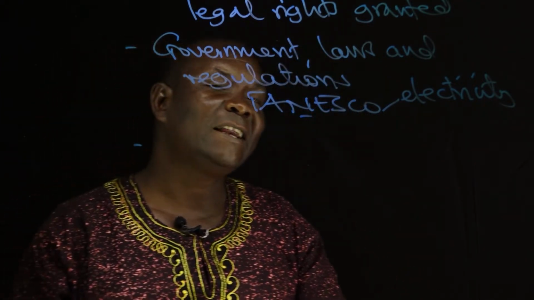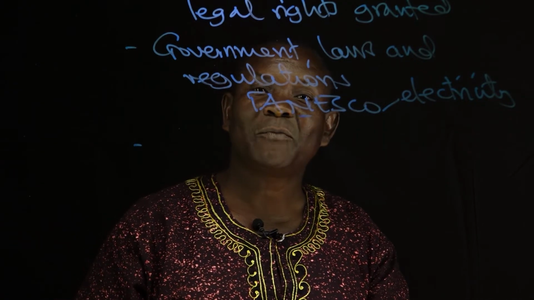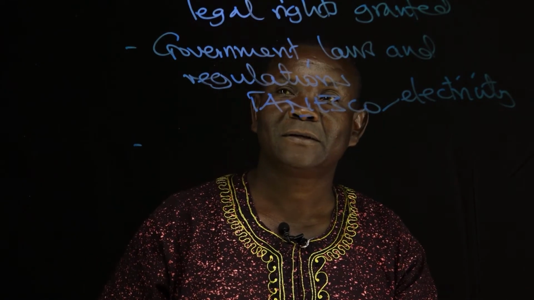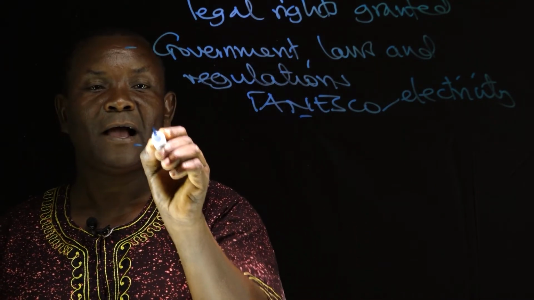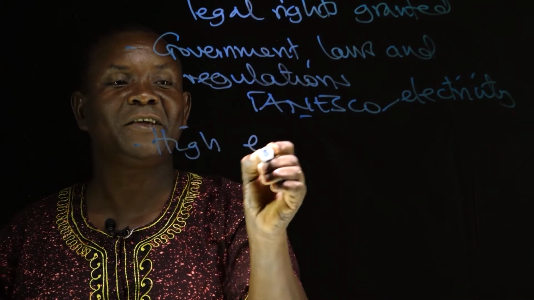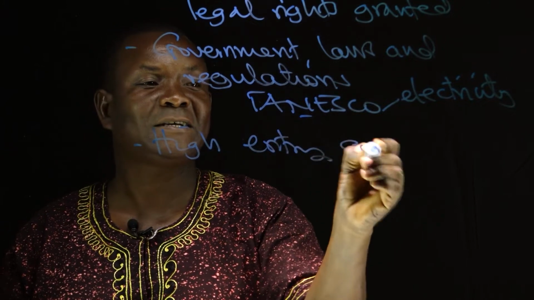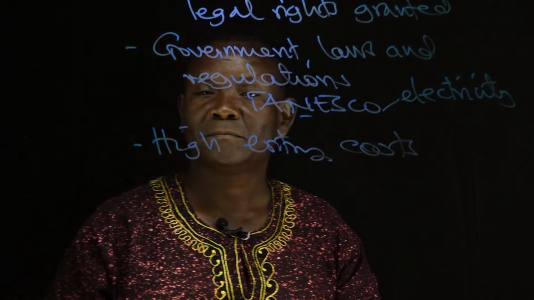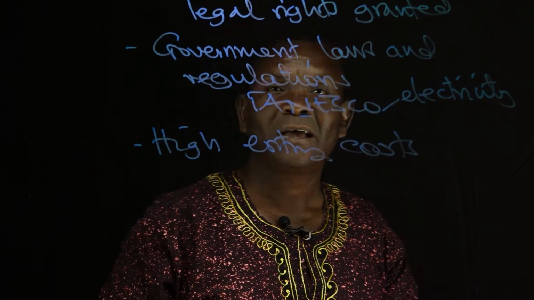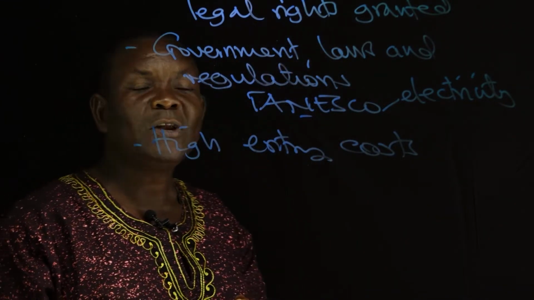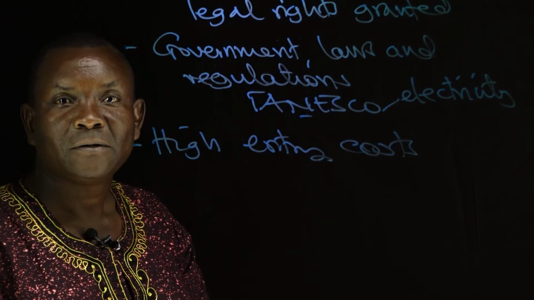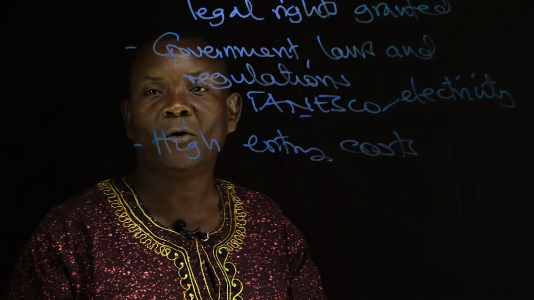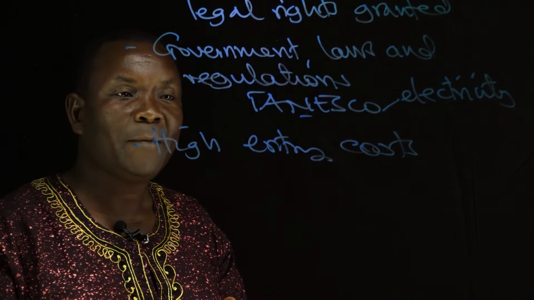Another factor which can lead to emergence of monopoly is high entry costs. This happens when you need a large amount of capital to establish or to start a production unit.